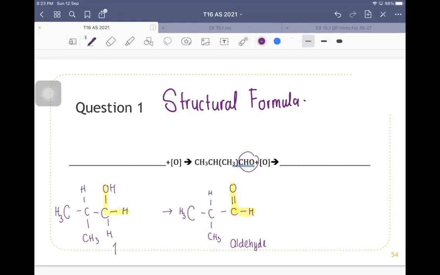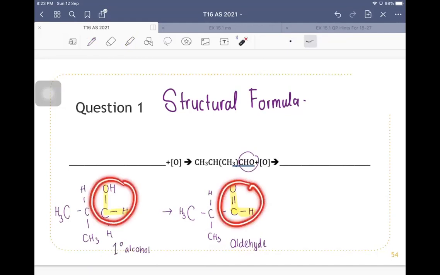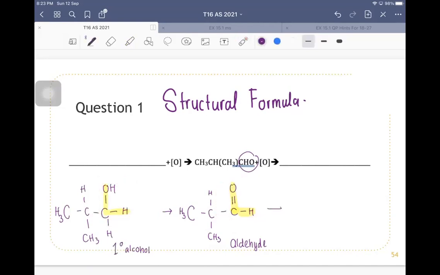Just check that it is a primary alcohol and check that you have not changed the structure except for where the functional group is. Same thing, because it is an aldehyde, it comes from a primary alcohol. It can be oxidized further into a carboxylic acid. The trick is to draw the part of the molecule that doesn't get changed during oxidation.